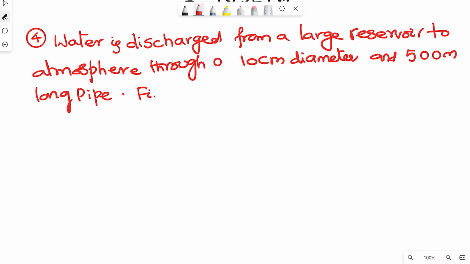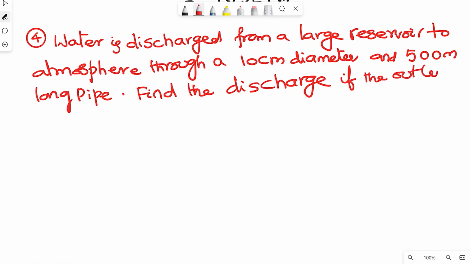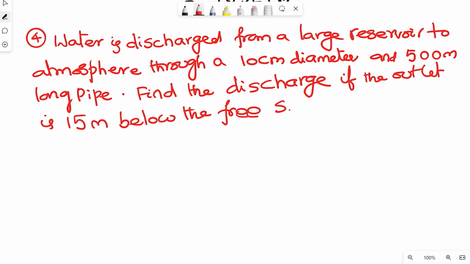Find the discharge if the outlet is 15 meters below the free surface of water in the reservoir.